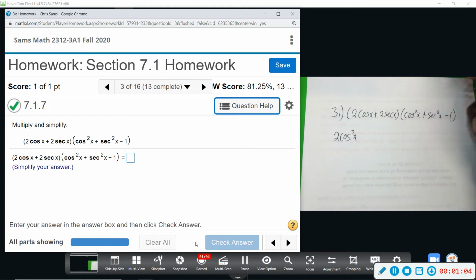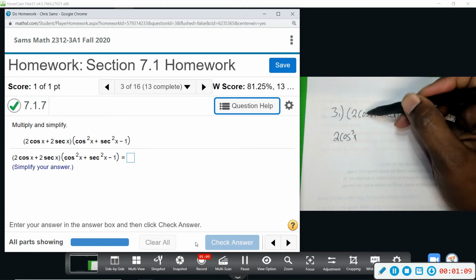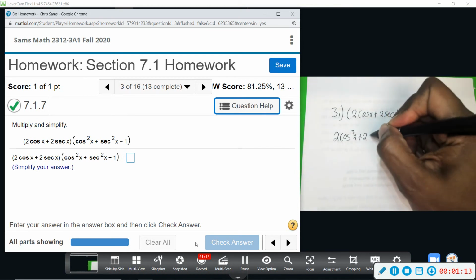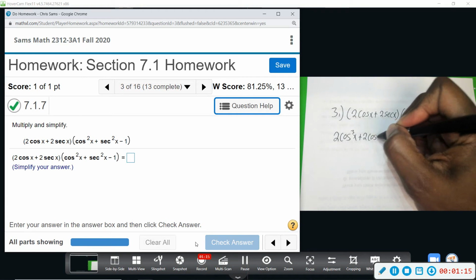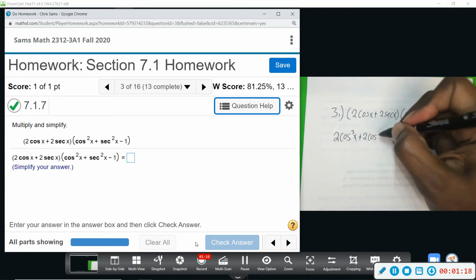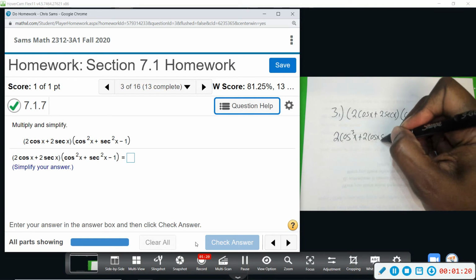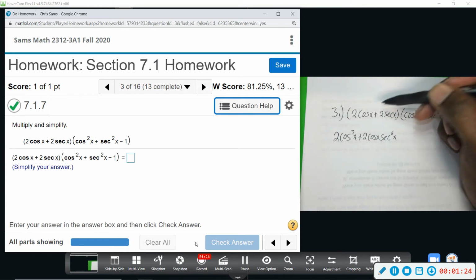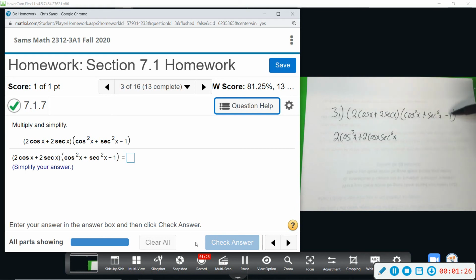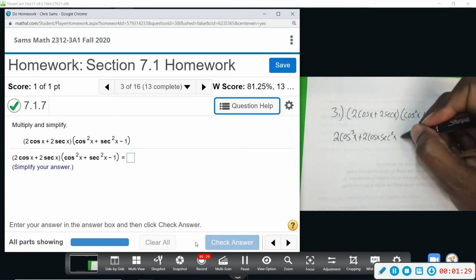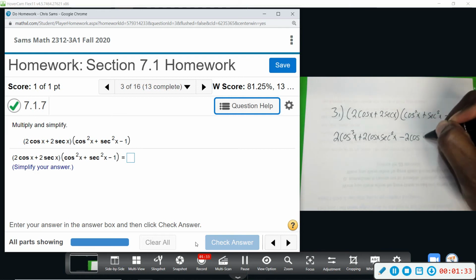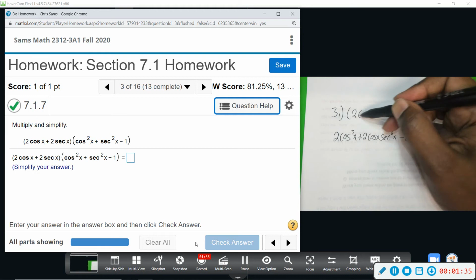So that's the first term. 2 cosine x times secant squared x will give me plus 2 cosine x secant squared x. All right, and then 2 cosine x times -1 will give us a minus 2 cosine x. All right, so I've distributed this one.